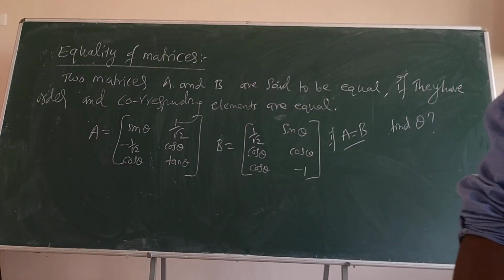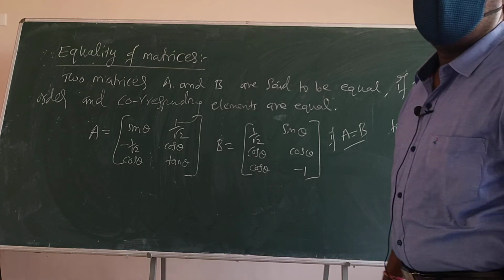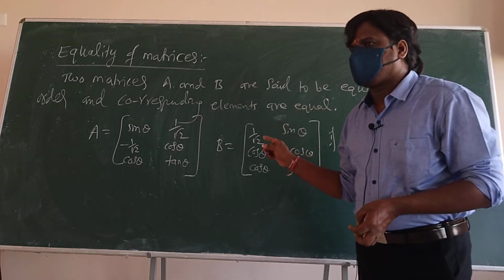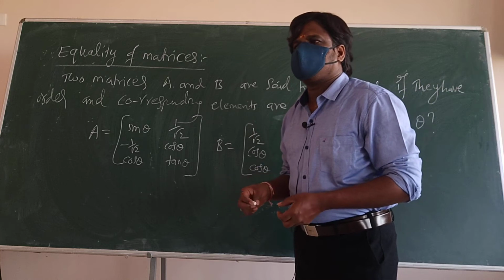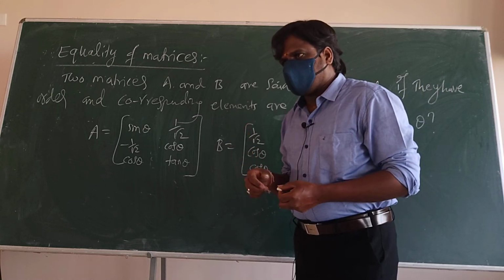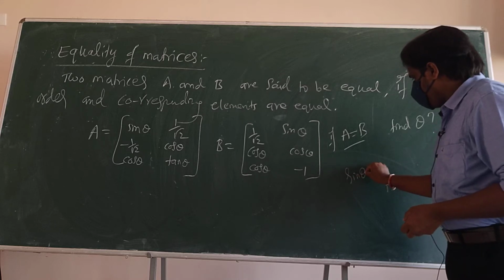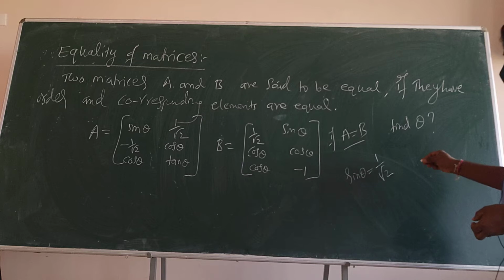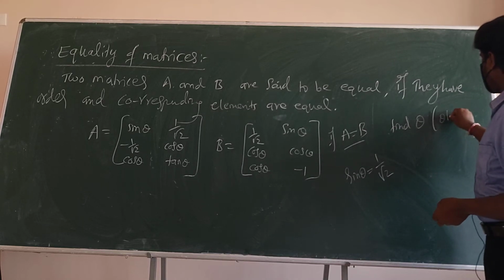So actually, the condition here is: when two matrices are equal, their corresponding elements are equated. It means sin theta will be equal to 1 by root 2, cos theta is equal to minus 1 by root 2, and tan theta is equal to minus 1. Suppose theta lies in the first quadrant.